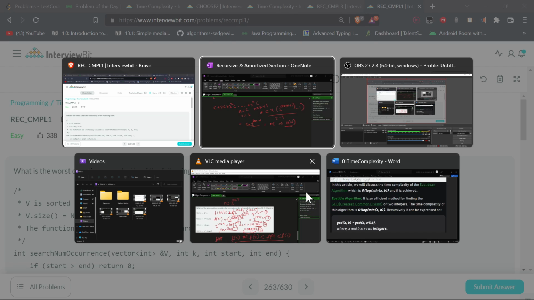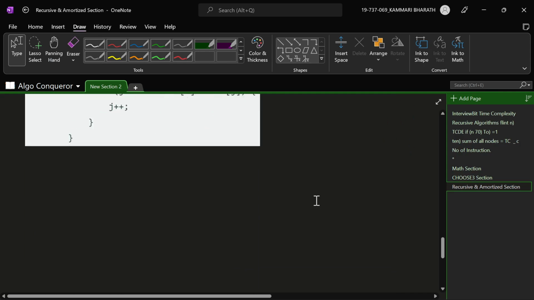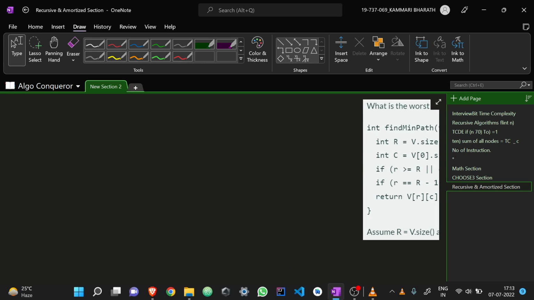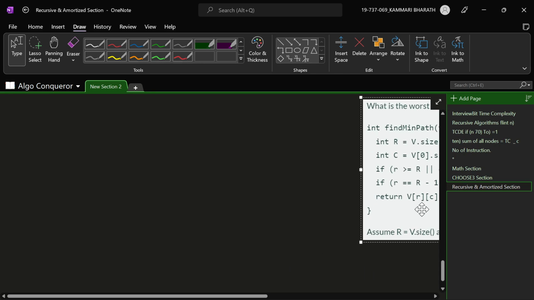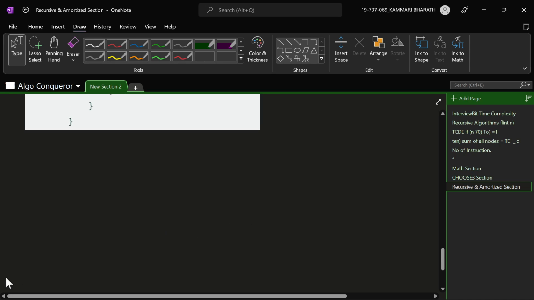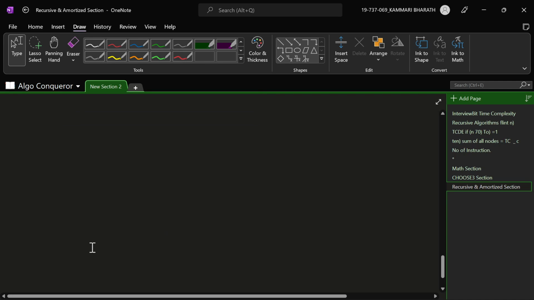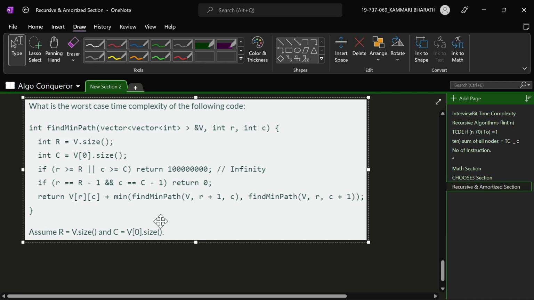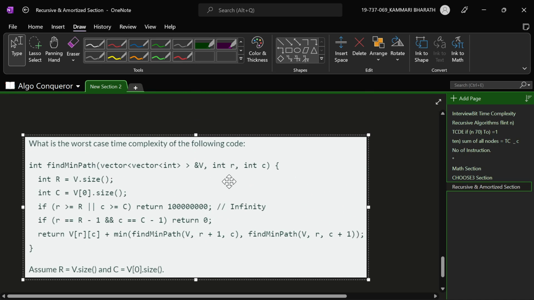Let's go to the second problem, which is here. Now look at this question. We are given a function with two parameters r and c, and each time either r is incrementing by 1 or c is incrementing by 1.